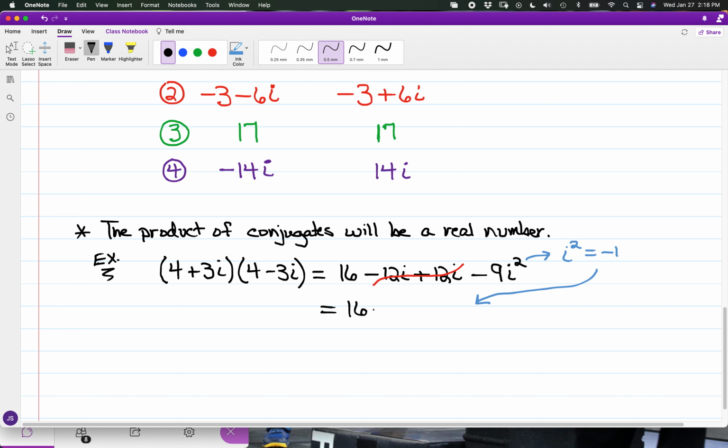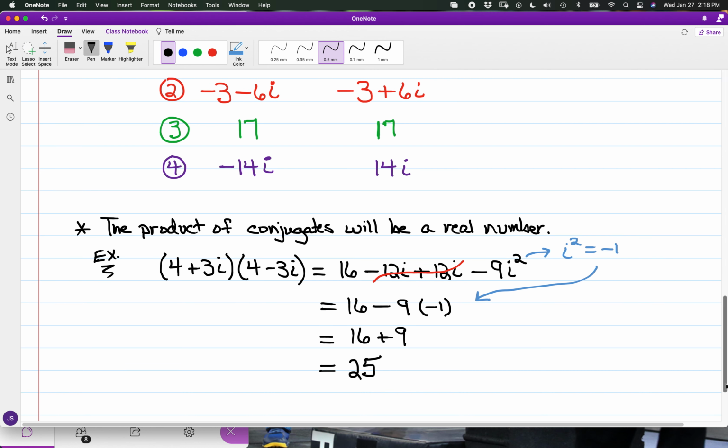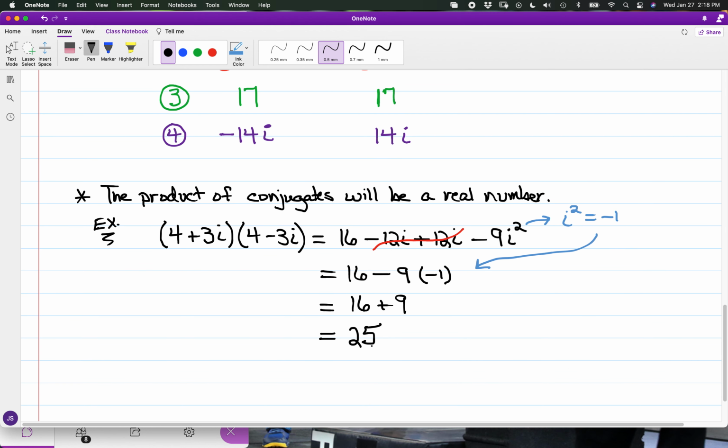So we're going to have 16 minus 9 times negative 1, and negative 9 times negative 1 will be a positive 9. And for the result here, we're going to have 25 in the end result.